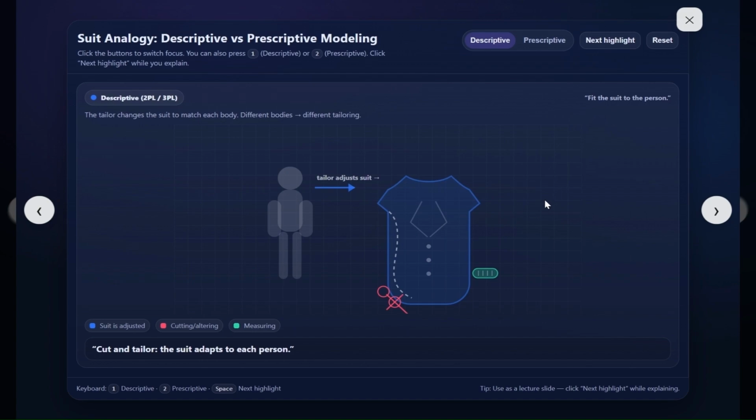A suit that doesn't fit, you don't want to give it to him; you will fit him to the best suit. So the model should fit the data here. That's what we say: the model is fitting the data. The suit is supposed to be the model. The person is supposed to be the data or the items.